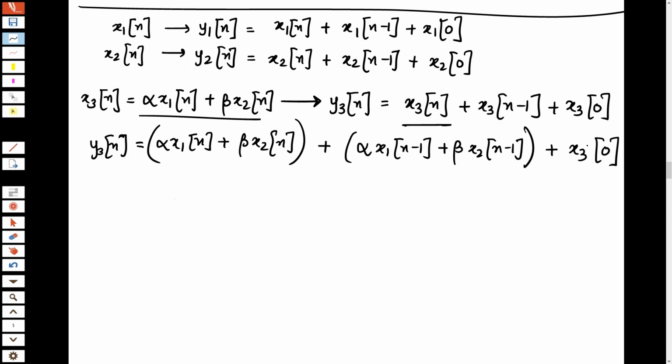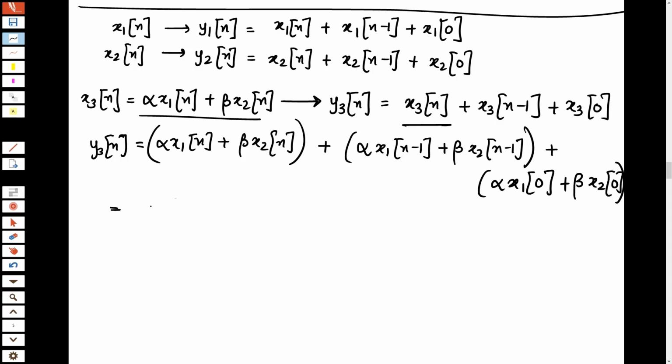And what is x3[0]? x3[0] would be nothing but alpha times x1[0] plus beta times x2[0].